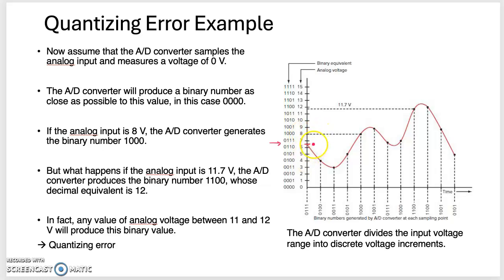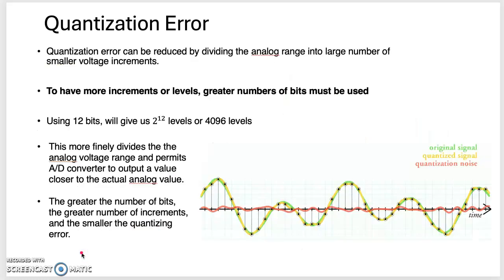So it depends on whether we need to round this up or round this down. But either way, because we need to do the rounding, this causes error. Because why? It's not the actual number. When we're not giving the actual number, we are introducing errors. So this is called quantizing error or quantization error.